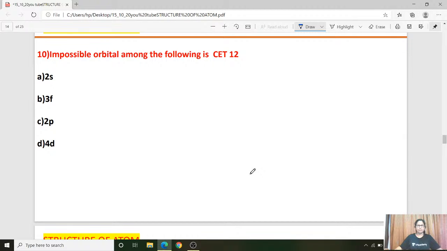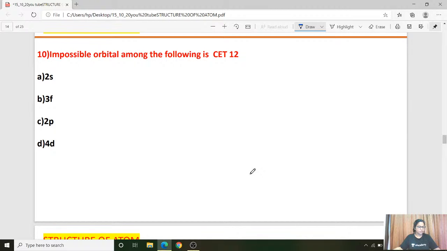Impossible orbital among the following is? Very simple question asked in the exam. I am expecting an answer from your side, students. Impossible orbital among the following is 2s, 3f, 2p and 4d. So which is an impossible orbital?